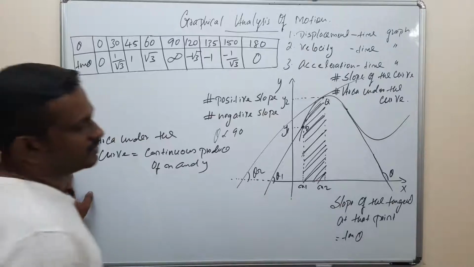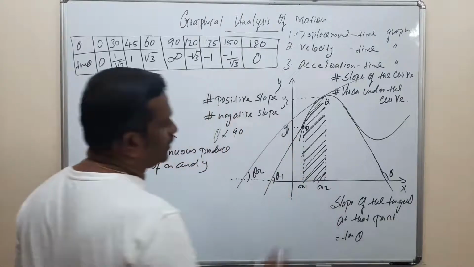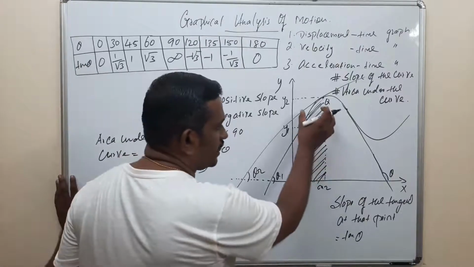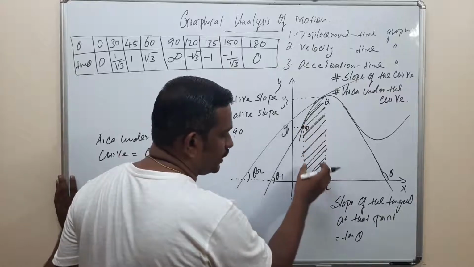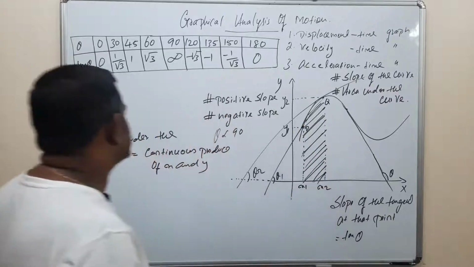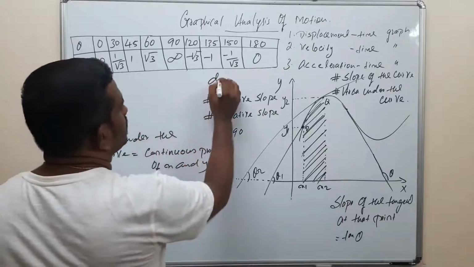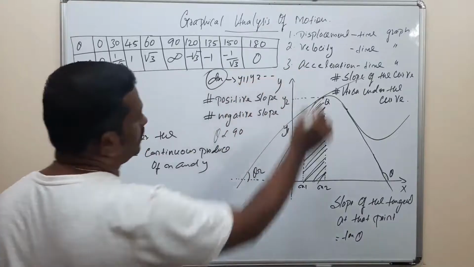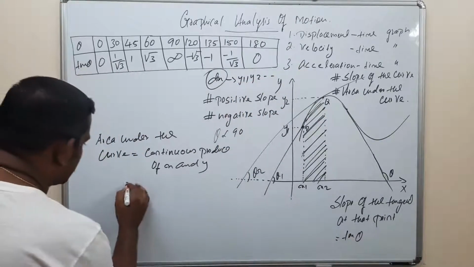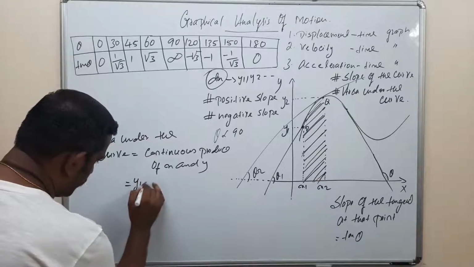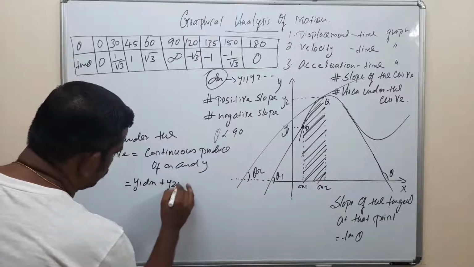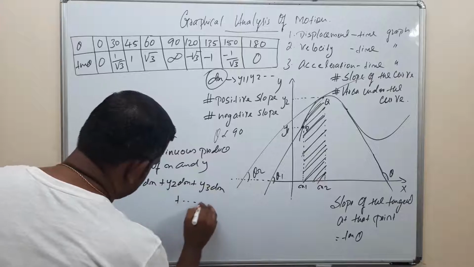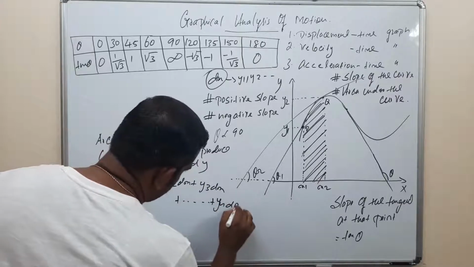Each has the thickness dx and the corresponding y values are y1, y2, etc. If this area is divided into n number of small strips, then the area under the curve is y1 into dx plus y2 into dx plus y3 into dx plus etc. plus yn into dx.